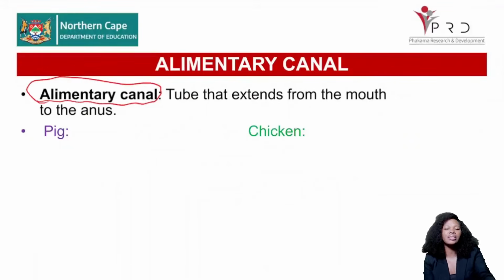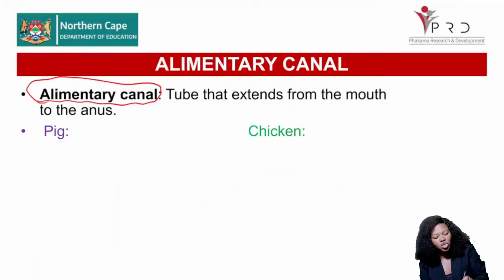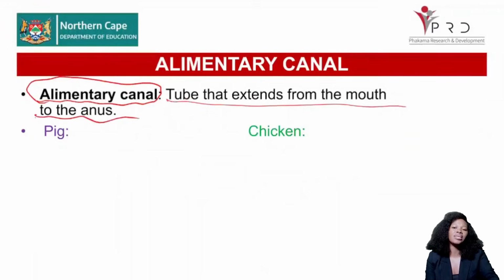How do we define an alimentary canal, also referred to as a digestive system? As I've already indicated, it is a tube that extends from the mouth to the anus, and it involves various structures that make up a digestive system. Different farm animals have different digestive systems.